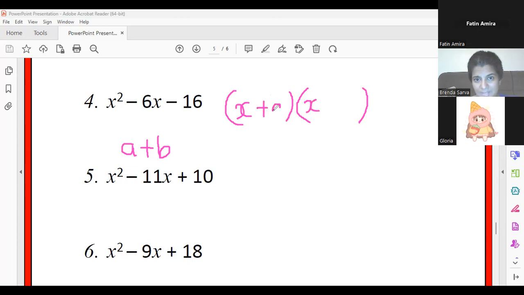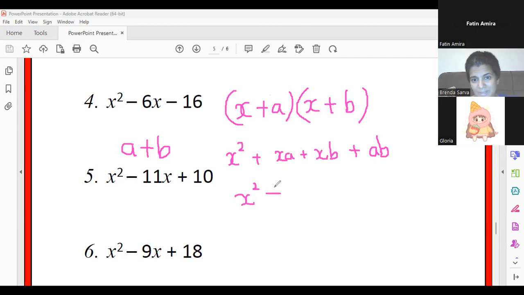So, remember earlier we did an example, x plus a and x plus b. When you opened it up, you got x squared plus, you remember then you had xa and then plus xb and then plus ab. This is what we did in the beginning. Am I right? So now we have x squared plus, I just factor out the x.